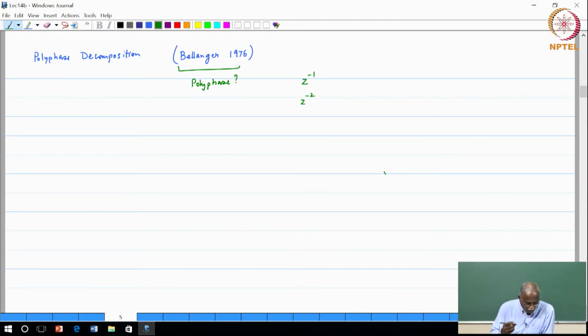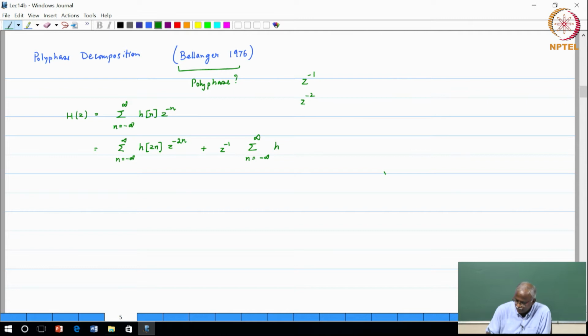And so, the example that we looked at in the last lecture: if you have a filter H of Z, summation n equal to minus infinity to infinity H of n Z power minus n, we said that we would write it as two summations. n equal to minus infinity to infinity H of 2n, grouping all the even coefficients or the even powers of Z, Z power minus 2n, plus then the odd terms. I will factor out a Z inverse, which then says I get n equal to minus infinity to infinity H of 2n plus 1 Z power minus 2n, that additional.